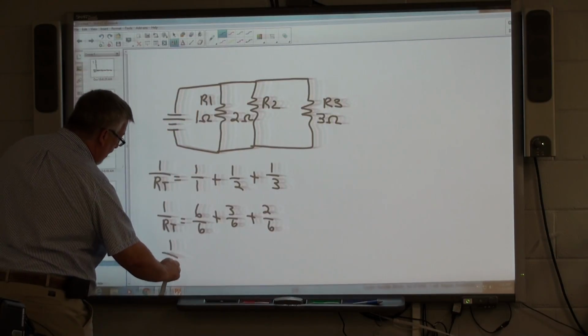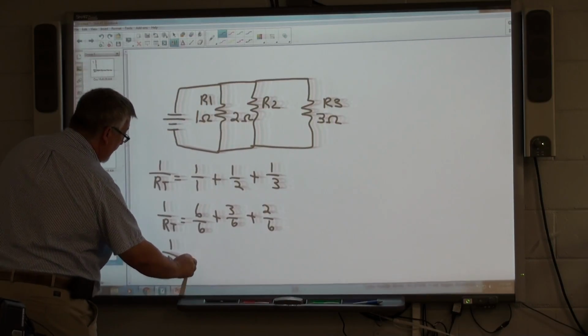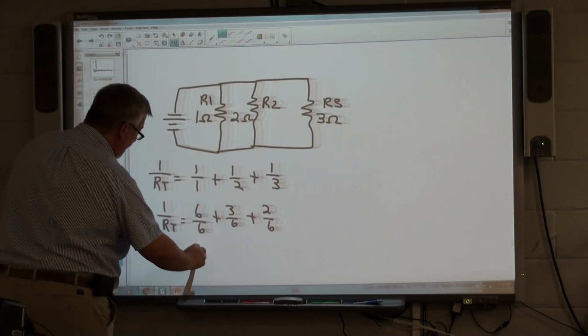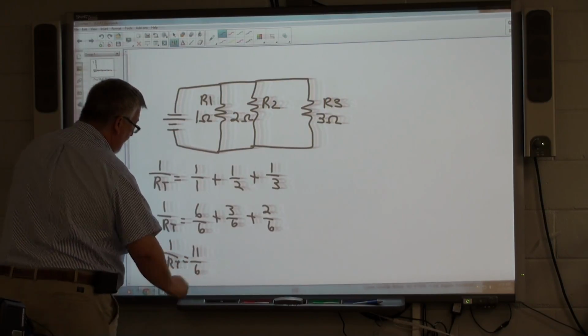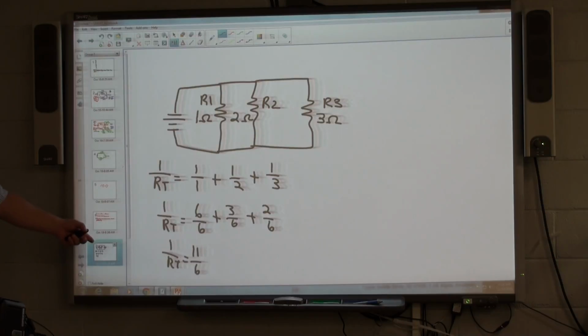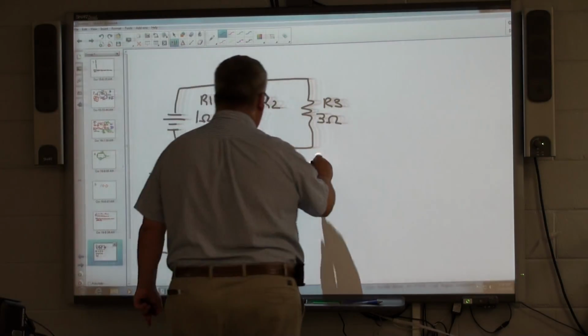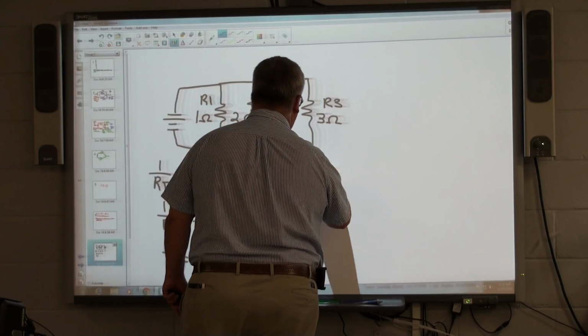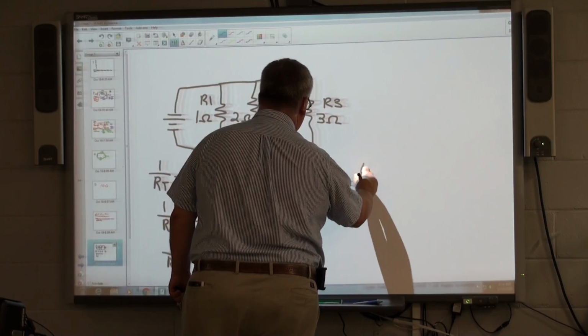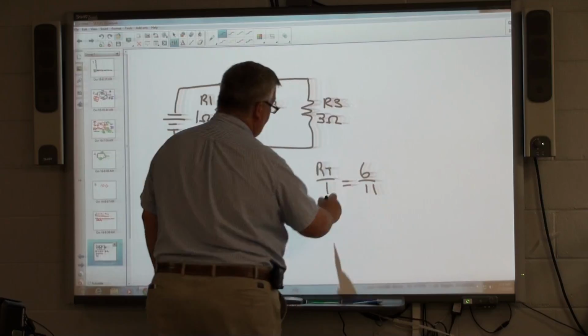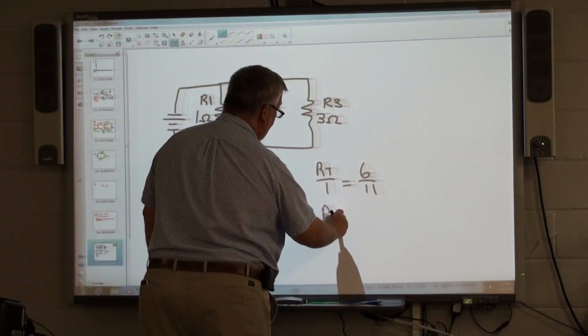1 over RT equals 11 over 6, right? Now, we know we can reciprocate both sides at this point, so we can come out here and write RT over 1 equals 6 over 11. RT over 1 is really equal to RT.